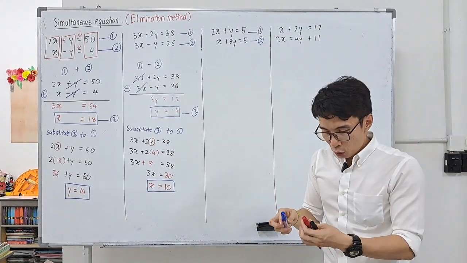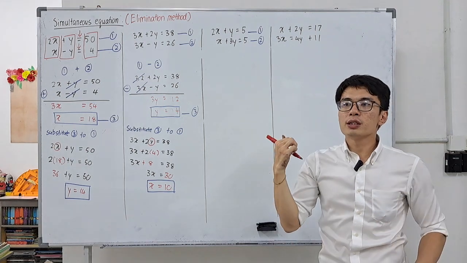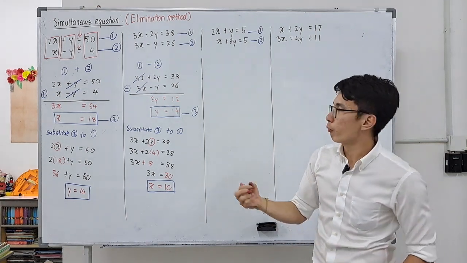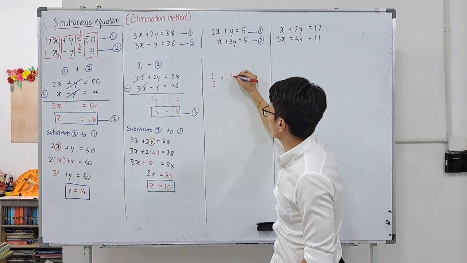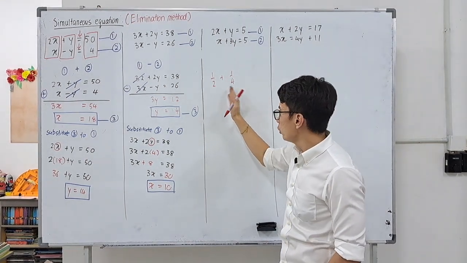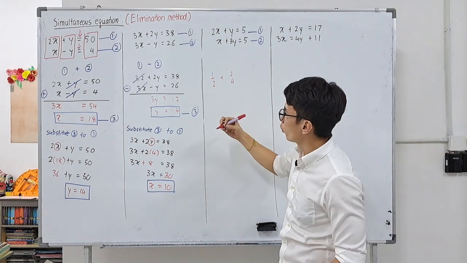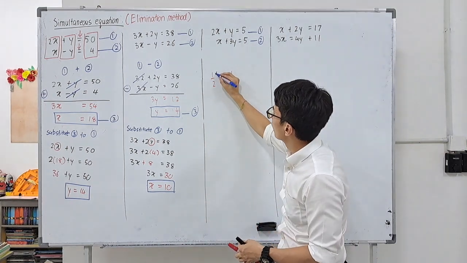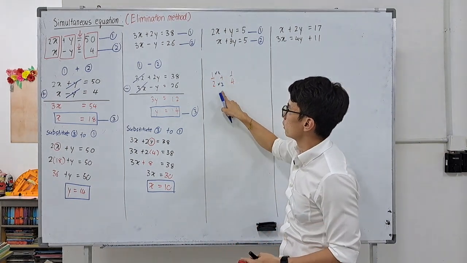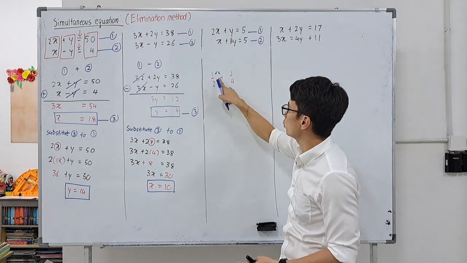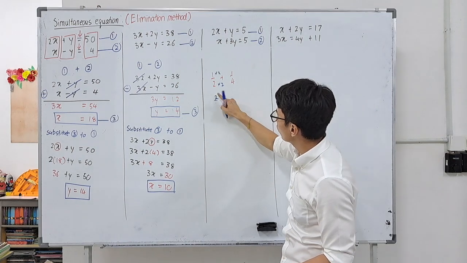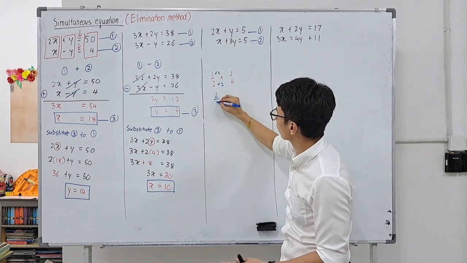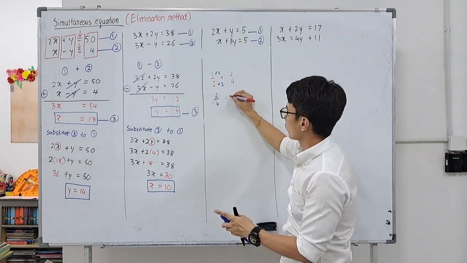So what you do over here, you will be utilizing something that you have learned from fractions, for example, 1 over 2 plus 1 over 4. We already know we can't add this, correct? So what I have to do is make the denominator the same. So this times 2, that will give me 2 over 4 plus 1 over 4.